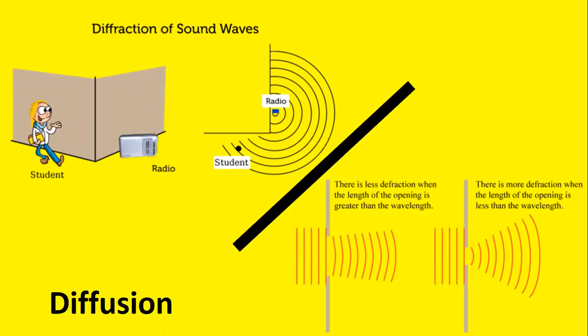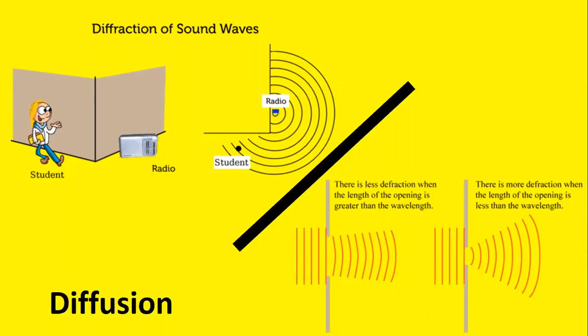All waves may be diffracted, but it is more pronounced in some types of waves than others. For example, sound waves bend around corners much more than light does. That's why you can hear but not see around corners.